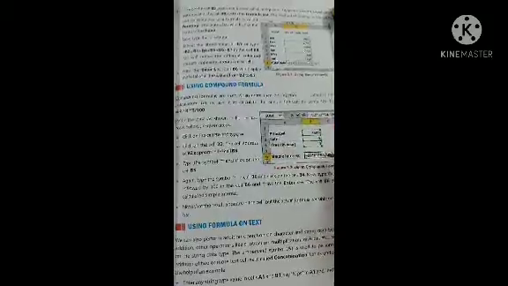Let us use it to calculate simple interest, using the formula.